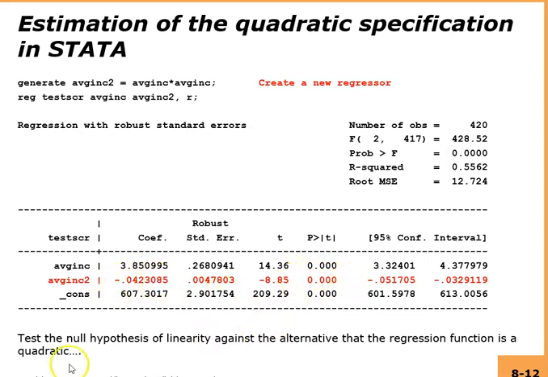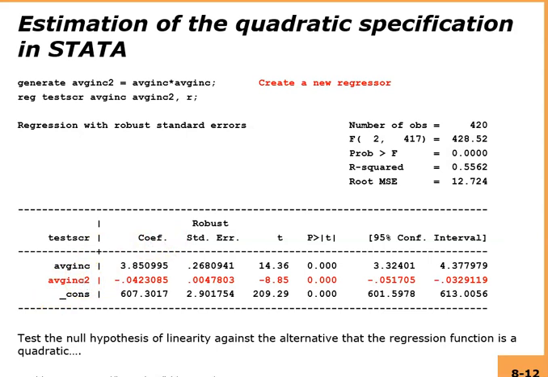This high level of significance tells us that it was a good idea to include the AVGINC2 variable in this equation, because there were non-linearities which are being captured by this new variable in this relationship.